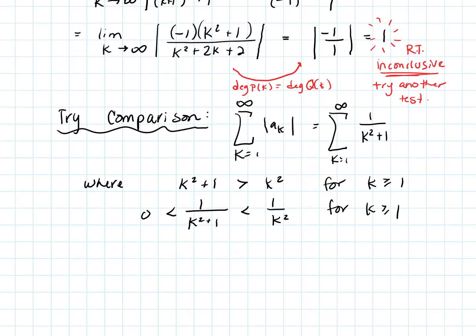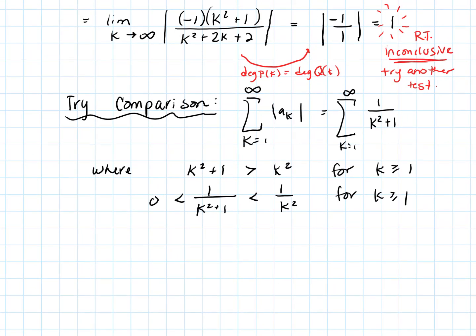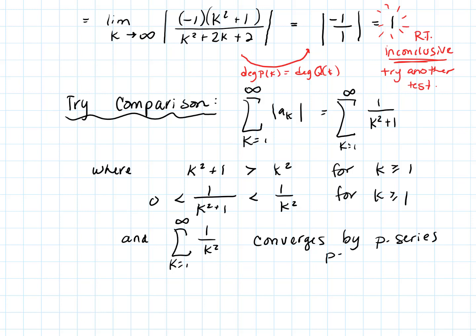And we know the series 1 over k squared from k equals 1 to infinity is simply a p series, so it converges by the p series test, where p equals 2, which is greater than 1.